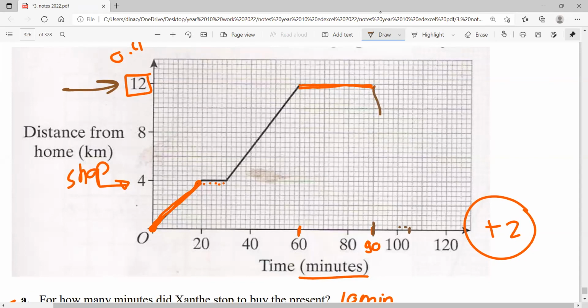And then you just join. What a strange line. And then you join of course with a ruler. I'm drawing on the laptop. It's not easy to draw a perfect line. This has to be drawn with a ruler. And here, she arrived home 15 minutes later. That is, she arrived at minute 105.